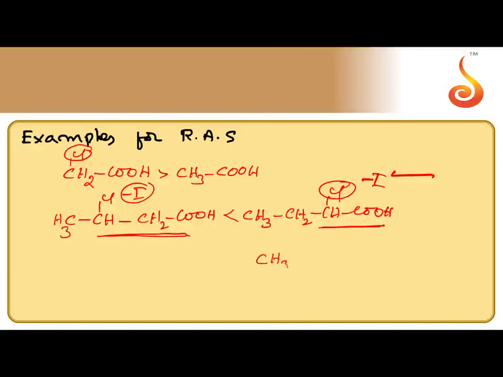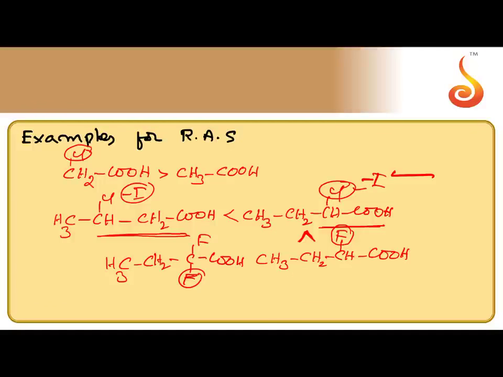At the same position, if fluorine is taken instead of chlorine, now 2-fluorobutanoic acid is still more acidic because position is same, but fluorine is stronger minus I group. Next you take two fluorines on the same carbon.